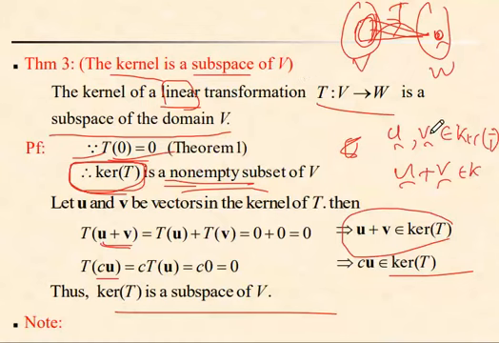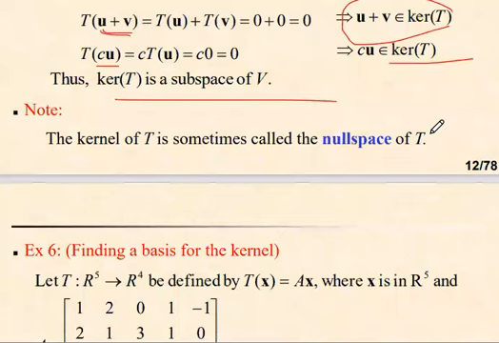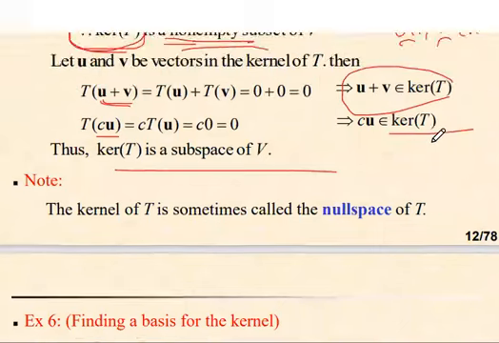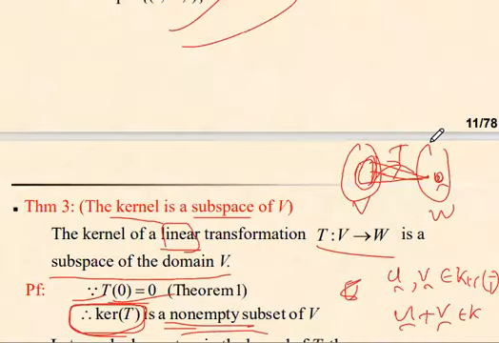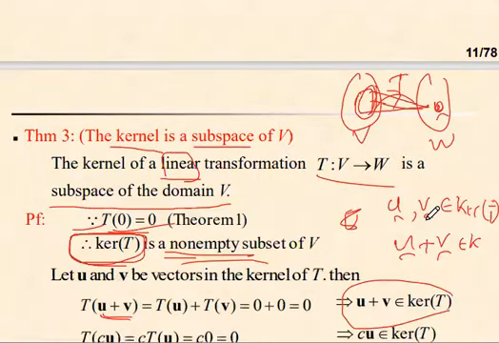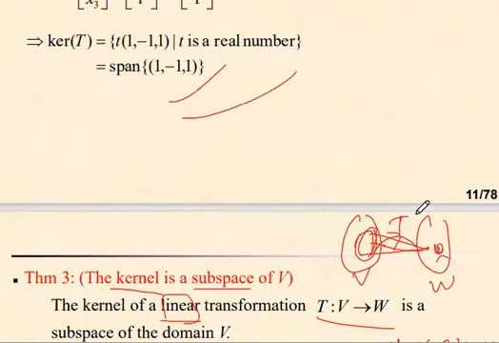Okay, kernel is a subspace. What does it mean? If you look at this, this is your transformation from V to W. These are vector spaces.